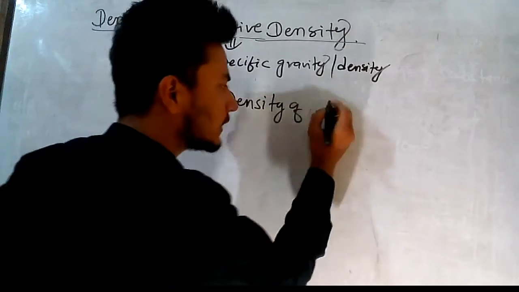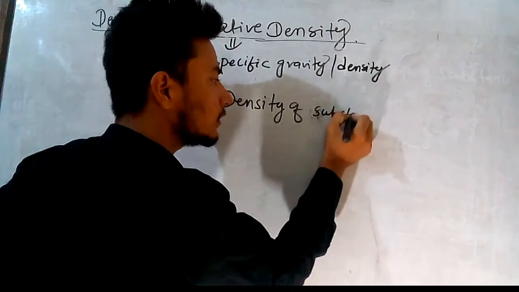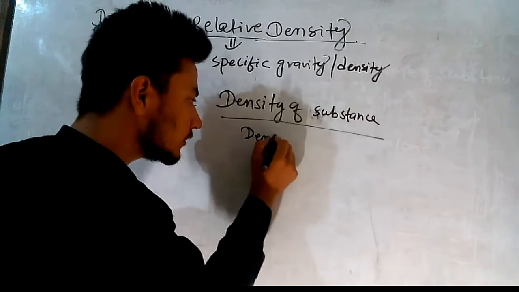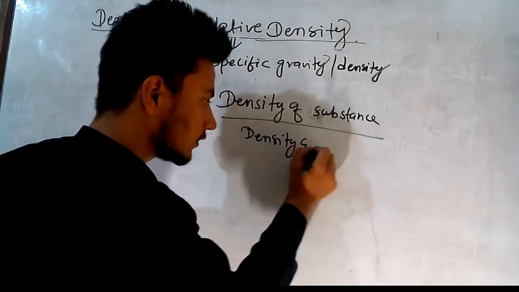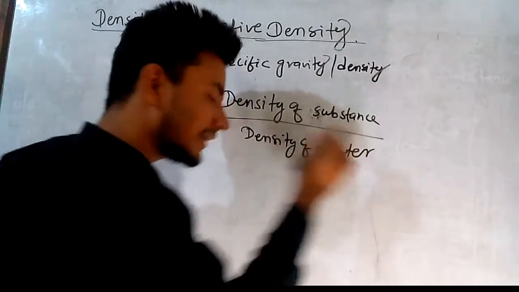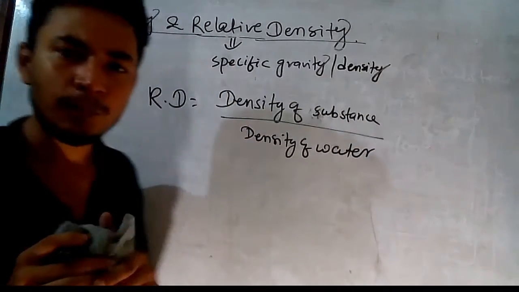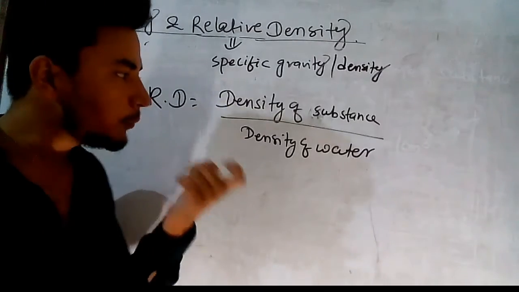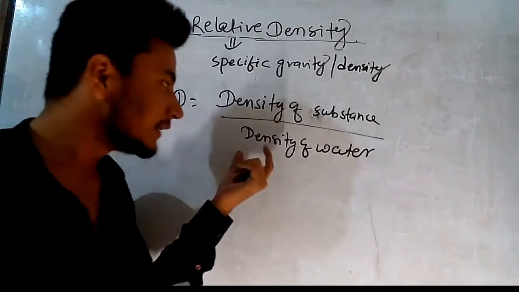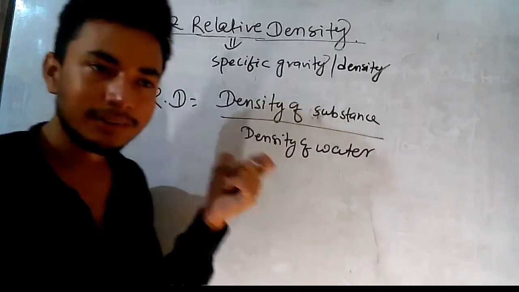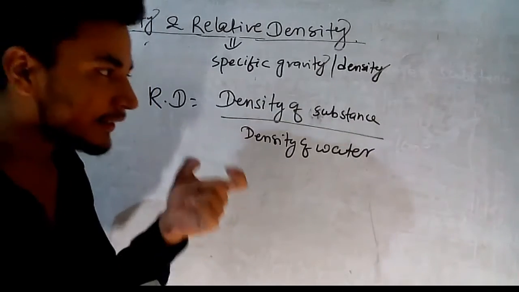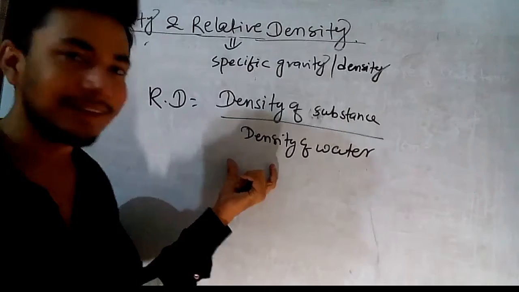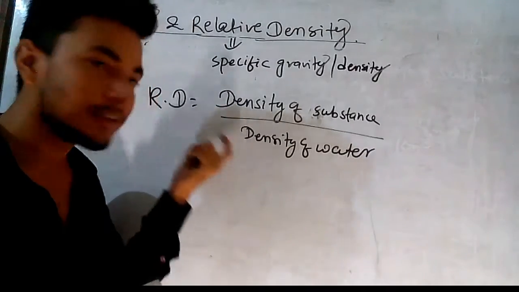The density of water also depends on temperature, so we cannot simply write density of water here: at 4 degrees Celsius the density of water is maximum, and at 0 degrees Celsius it is minimum.